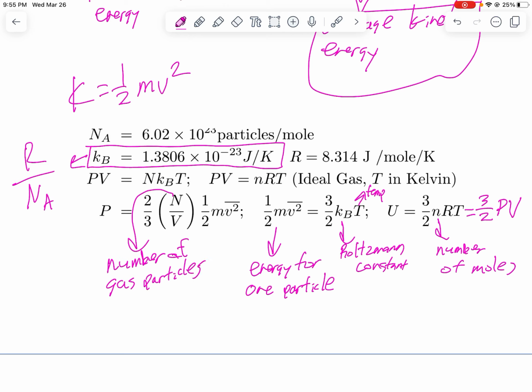If you remember from chemistry, the number of gas particles is the number of moles times Avogadro's number. This V is volume, and this little v is the average velocity of your particles. Don't think you'll ever see this one, but it's there. So hopefully you can use these equations to answer some of the homework questions and do well on the final exam.